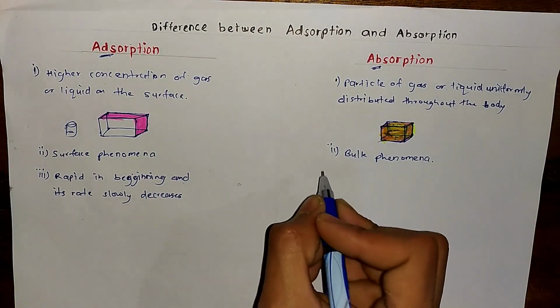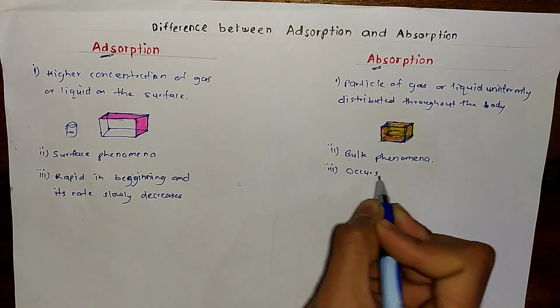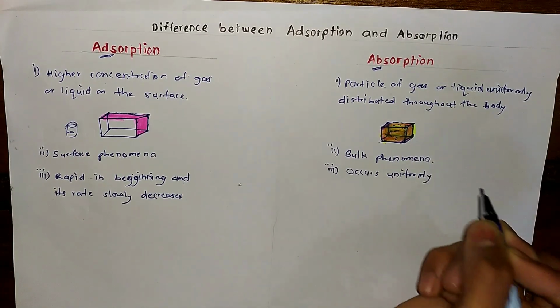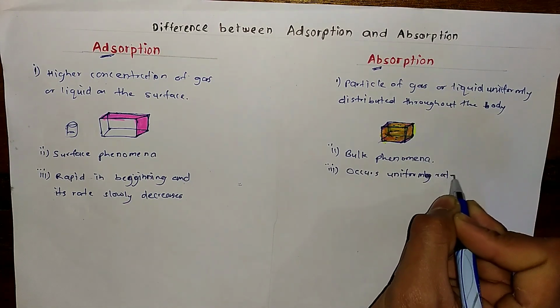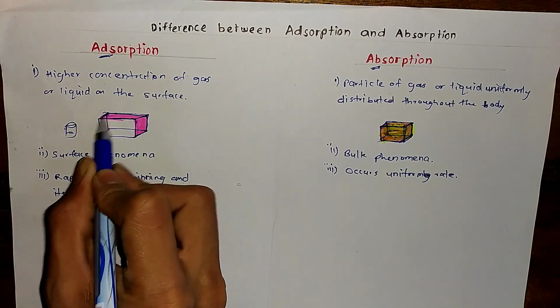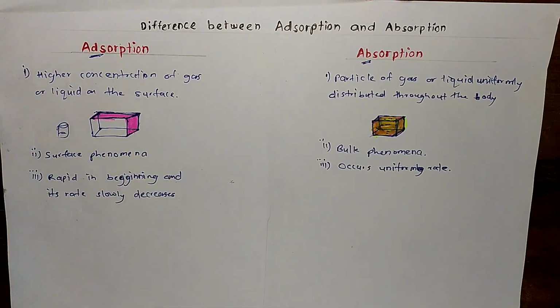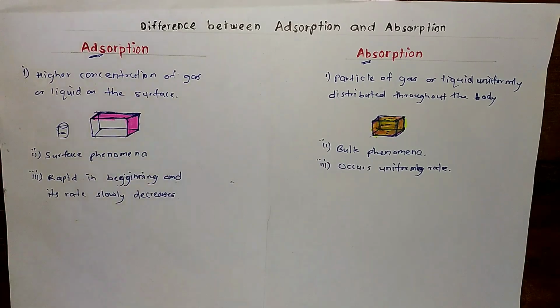Absorption occurs uniformly, means same rate, same speed. In adsorption, this is the outer surface area of the wooden block. This area will decrease when the solution covers it, and that's why the rate also decreases.